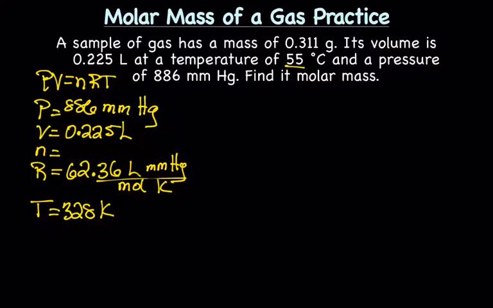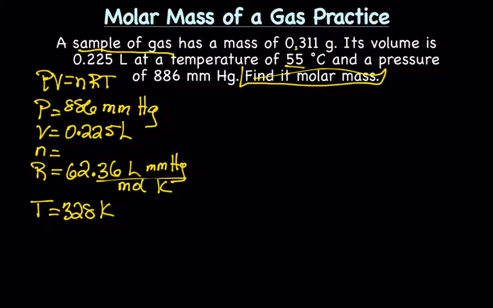So it looks like our n is going to be our x, except it's asking us for its molar mass. Not only that, if you look here, they give us mass, so in theory we could figure out moles, except we don't know what gas it is. It just says a sample of gas.